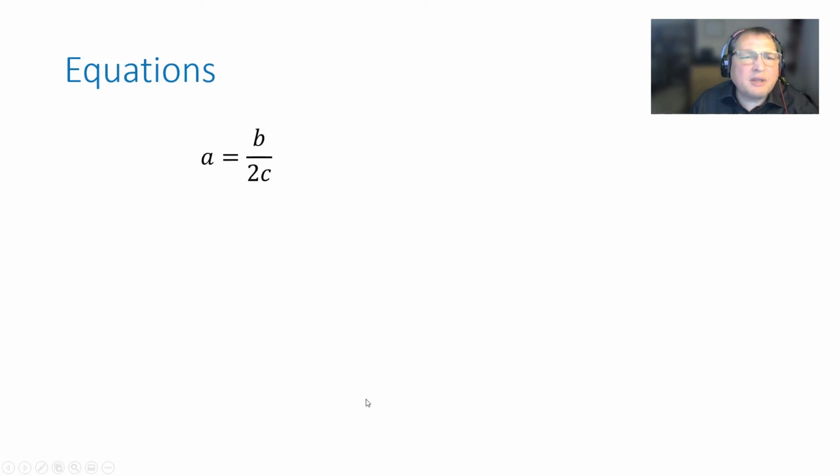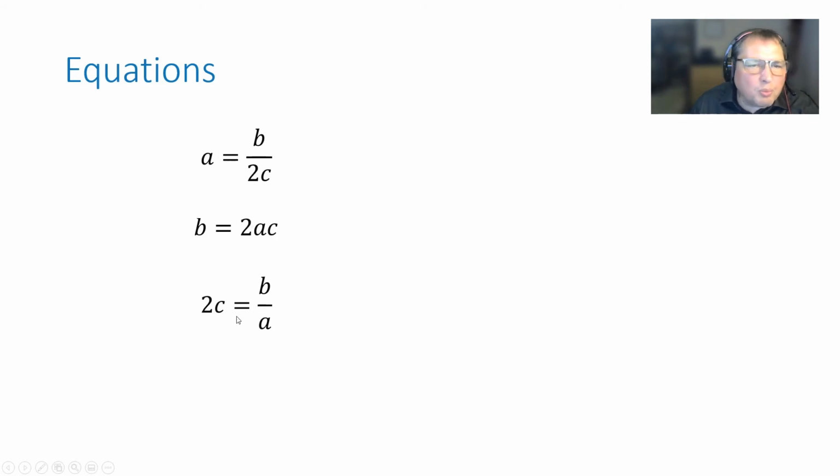Finding b is reasonably straightforward. It involves multiplying both sides of this equation by 2c, and in this way we get b equals 2ac. In another step, we can divide both sides of this equation, the second equation, by a, getting 2c equals b over a.